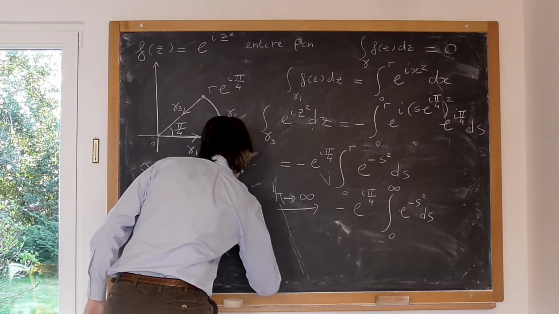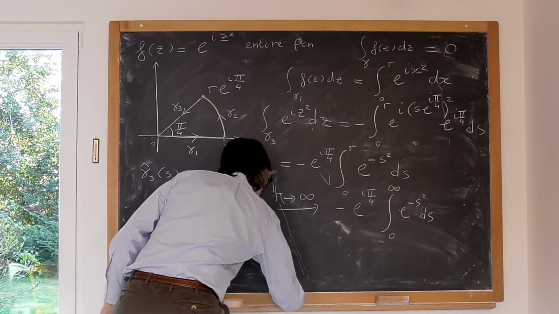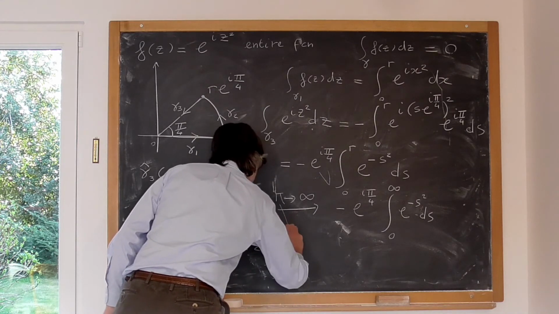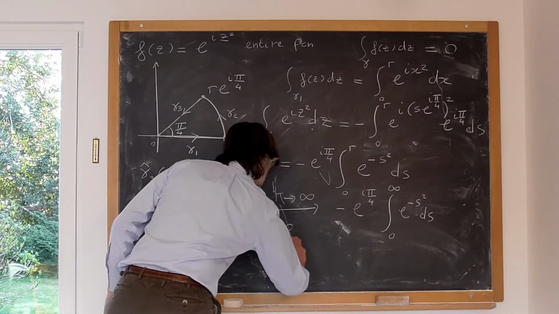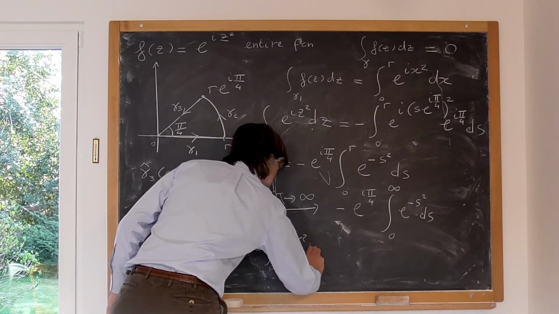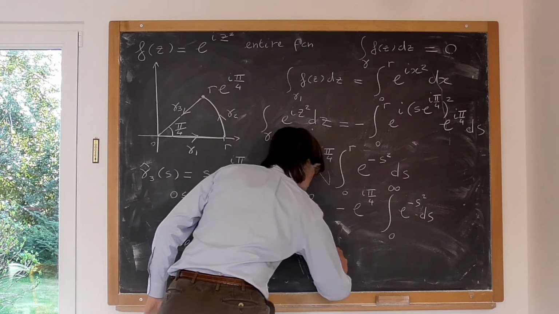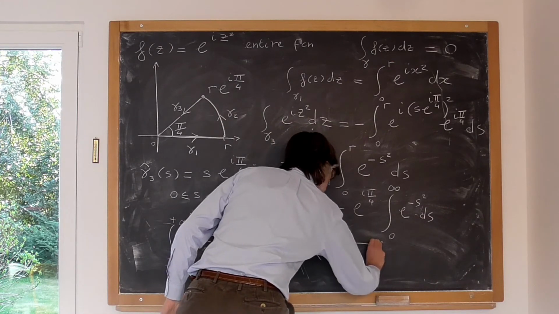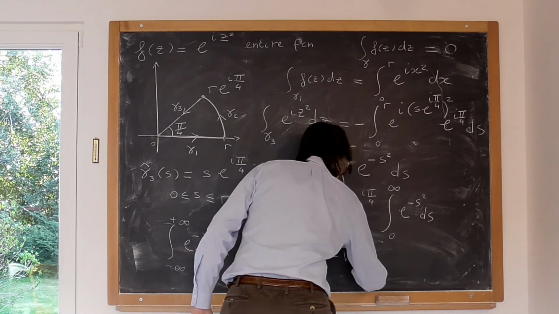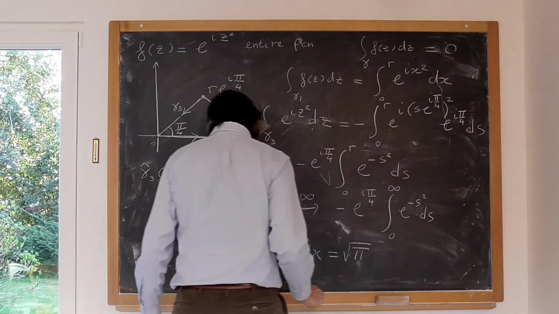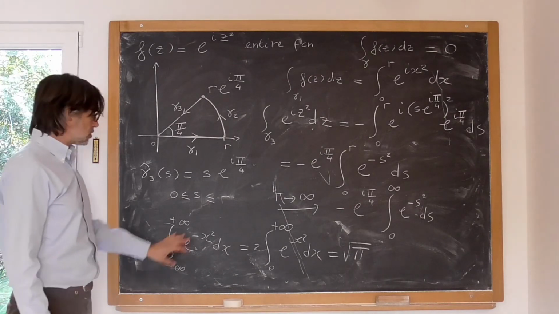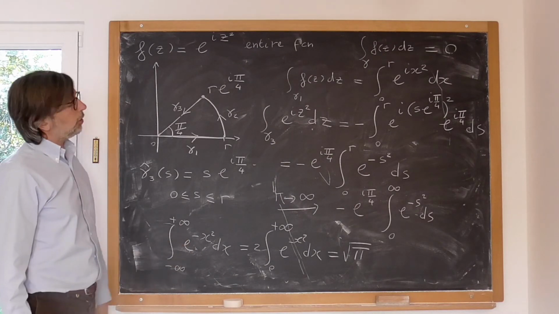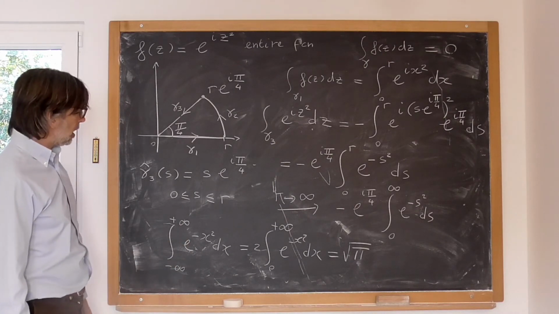This is of course twice the integral from 0 to plus infinity, because we are integrating an even function e to the minus x squared dx, and this value is square root of pi. Okay, this is the integral of the Gaussian function over the whole real line.